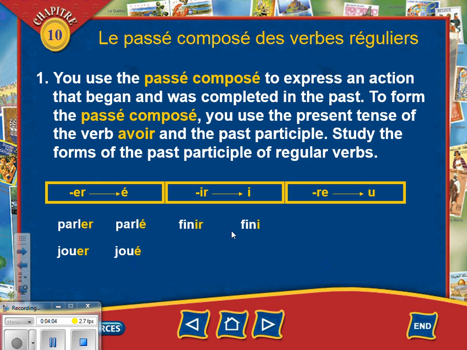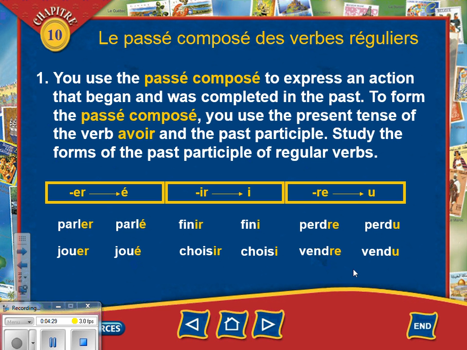Tout le monde a fini? That's the passé composé. Everyone has finished? Choisir, drop the R, choisi. Perdre, to lose. Perdu, lost. Vendre, to sell. Vendu, sold.